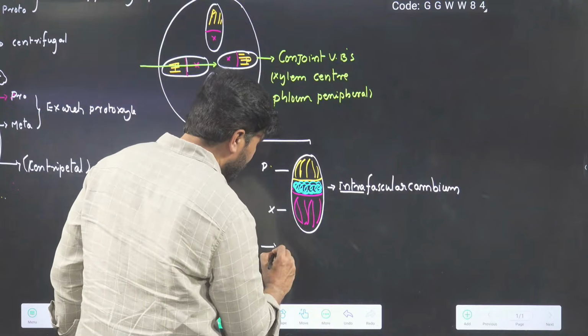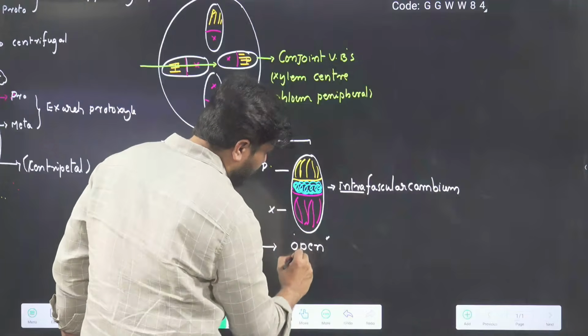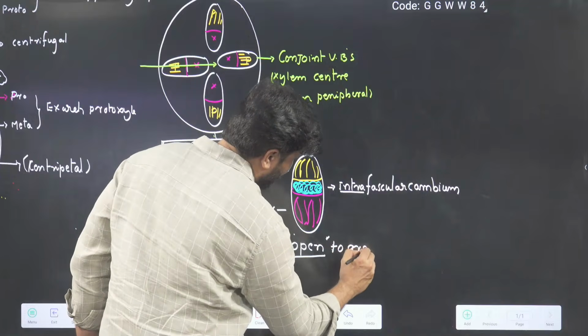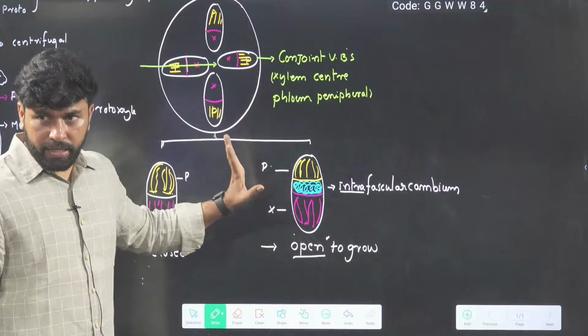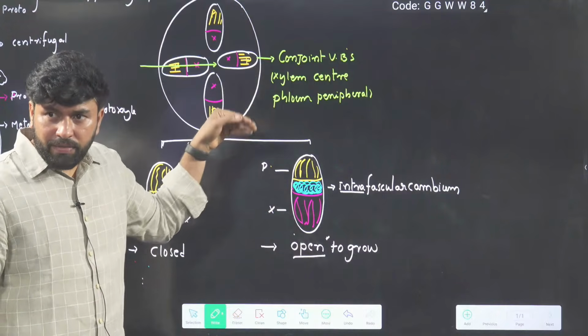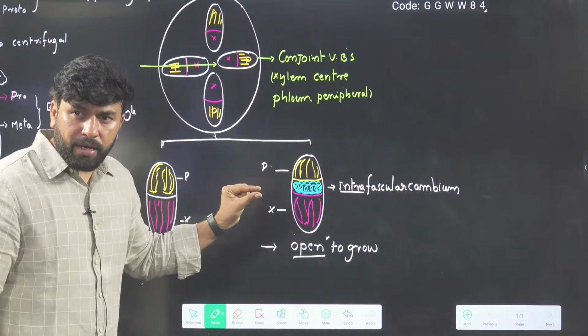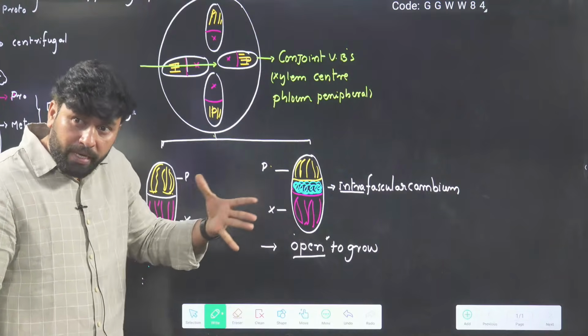Such vascular bundles are called open. Open for what? Open to grow. They can grow further. Conjoint collateral vascular bundles which have intrafascicular cambium between them are a kind of open type.